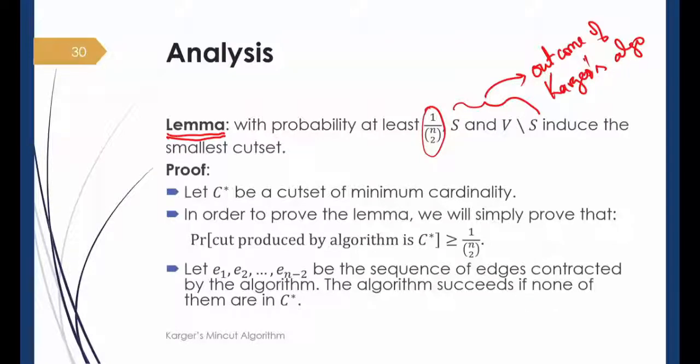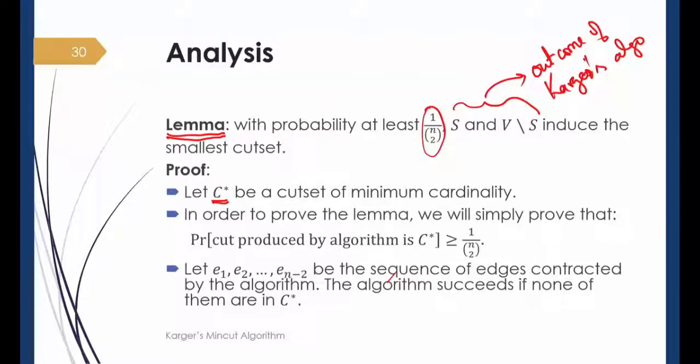And to prove that, we will focus on one of the minimum cardinality cut sets. There could be many minimum cardinality cut sets. What we are going to do is pick one of them. So, C star we call it, and we will prove something slightly stronger than is required.